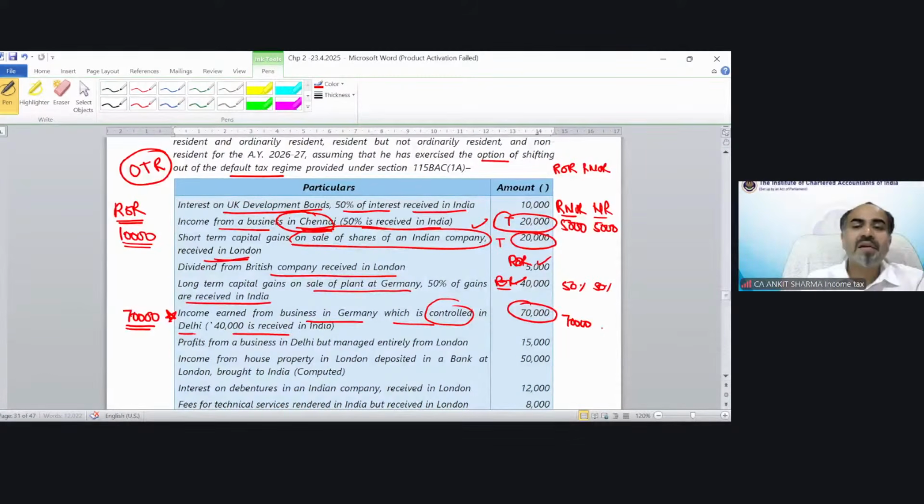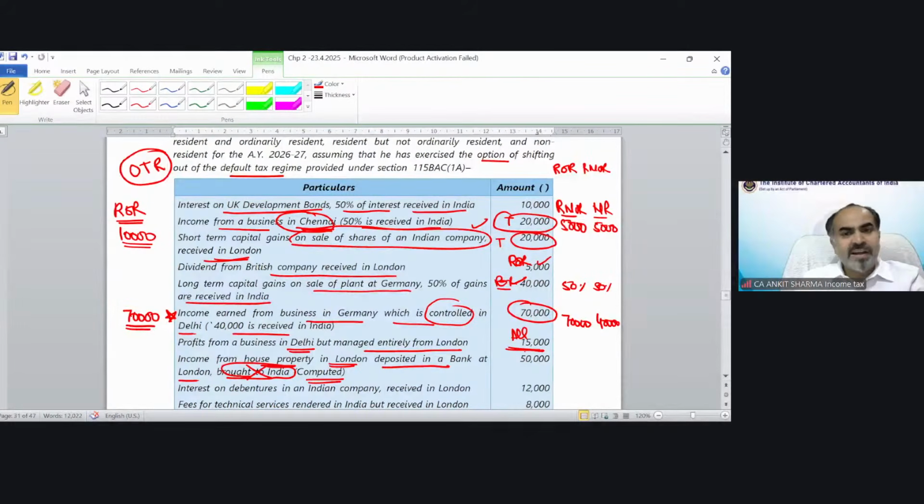So income actually arises from Delhi, that means taxable for all. Does not matter managed from where, because the business is actually in Delhi. So when the word computed has been used, that means it is equivalent to 70%. 30% has been already deducted.